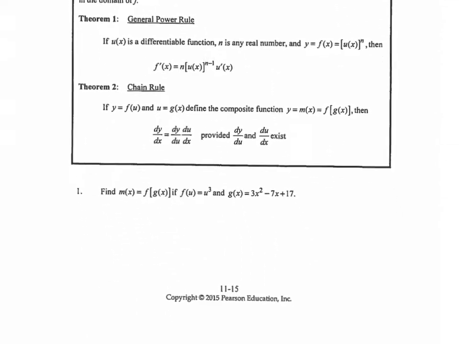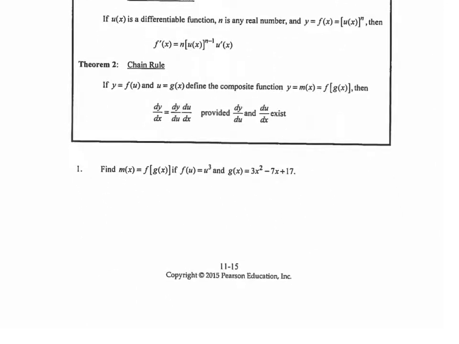So look at this first problem that they've given us. The only thing we're going to try to do is put one function inside the other function. So if you're looking at this, it's telling us that g of x gets plugged in for x inside the f function. And here's what g of x is. They're using a different letter so you don't get confused.